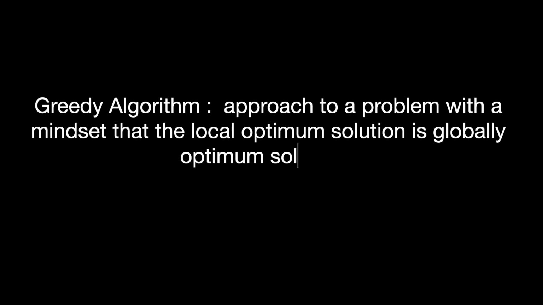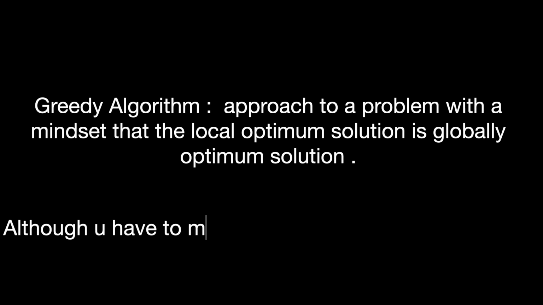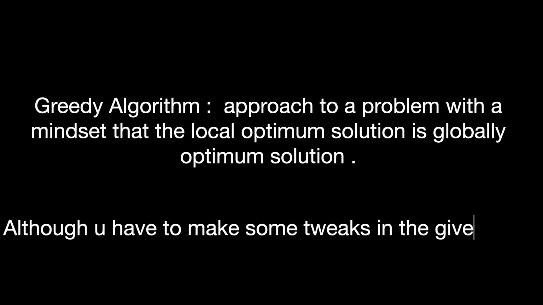You approach a problem with the mindset that the local optimum solution is the global optimum solution, but that's not always the case. Mostly it's when you want to maximize or minimize something, and even then you have to make some tweaks with the data that you get in order to get the optimum solution.